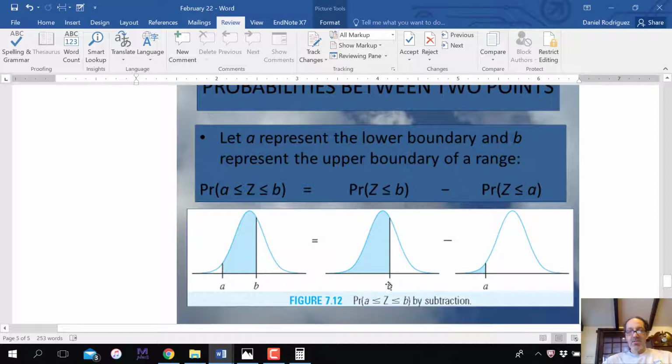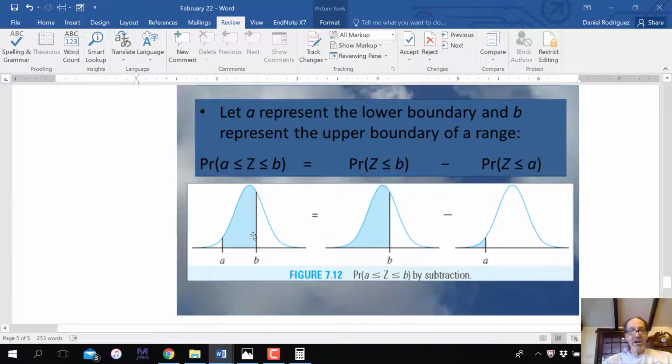For instance, here, this value B gives me the probability that somebody scores below B. This value A gives me the probability that somebody scores below A, that area in blue, right? But if I'm interested in the probability that somebody scored between A and B, what I would do is take the probability that Z is less than or equal to B and subtract from it the probability that Z is less than or equal to A. Then I would get this probability here.